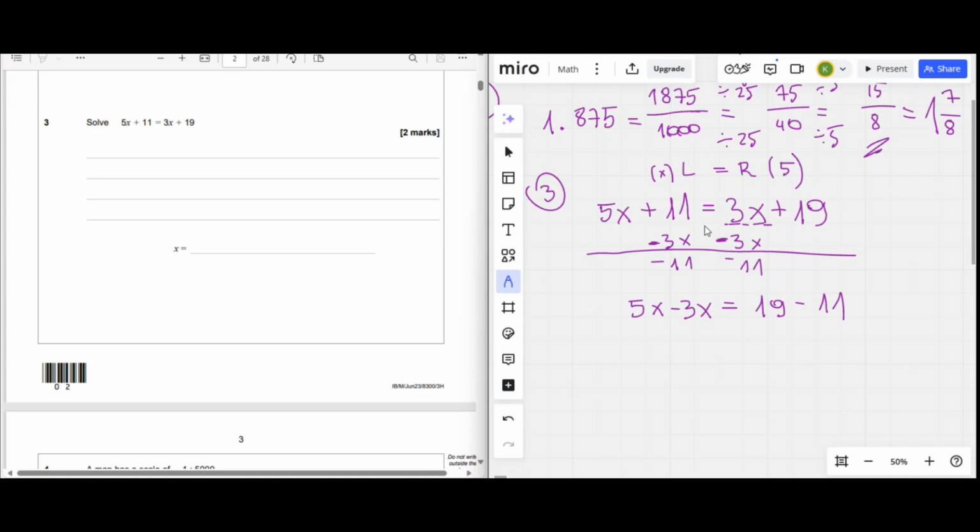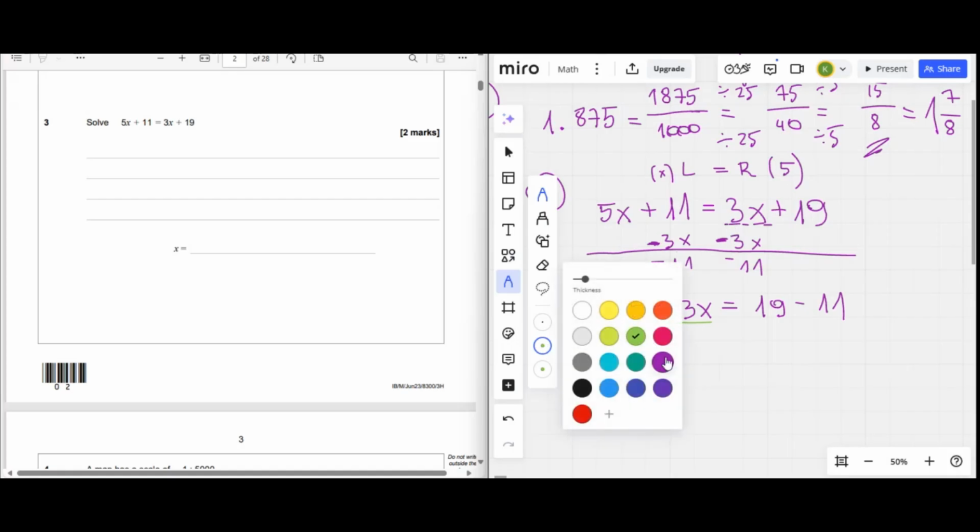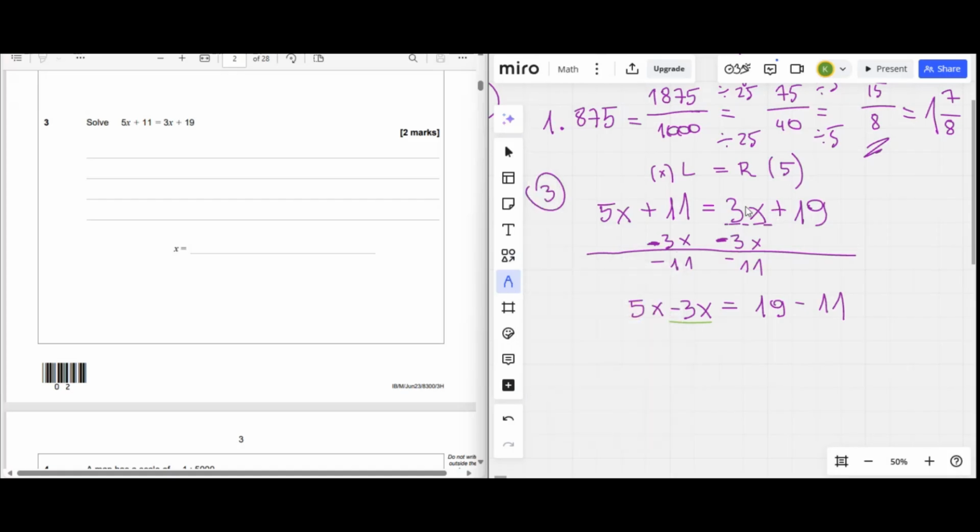Whatever you do to one side of the equation, you need to do the exact same thing on the other side. So if we subtract 3x from the right-hand side, we need to subtract 3x on the left-hand side. That's why I wrote it on both sides. And look, that other x appeared here. And on the right-hand side, it cancels itself out.